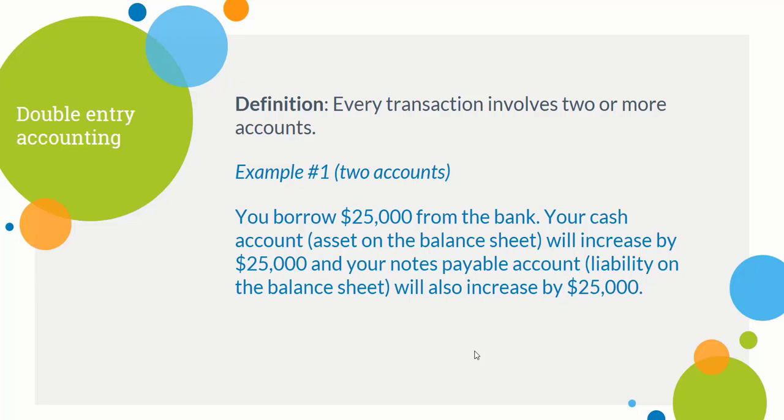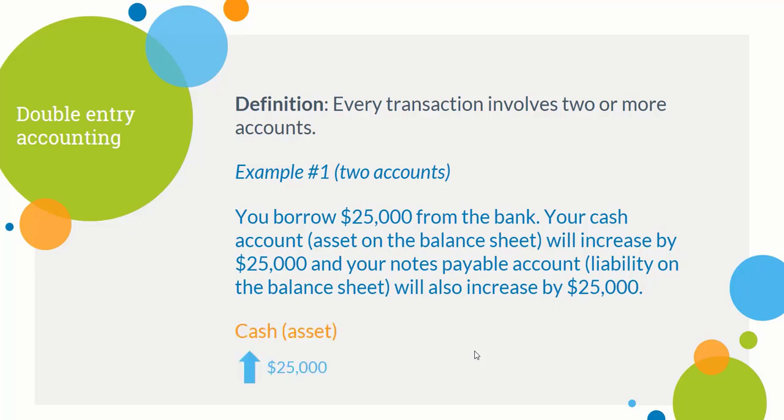Now what that does is it balances out the balance sheet. You see what happened? We increase assets by $25,000, and then we increase liabilities by $25,000. So it sort of nets out, right? One increase and so did the other. So the accounting equation balances and it's all good. There's peace and harmony in the universe.